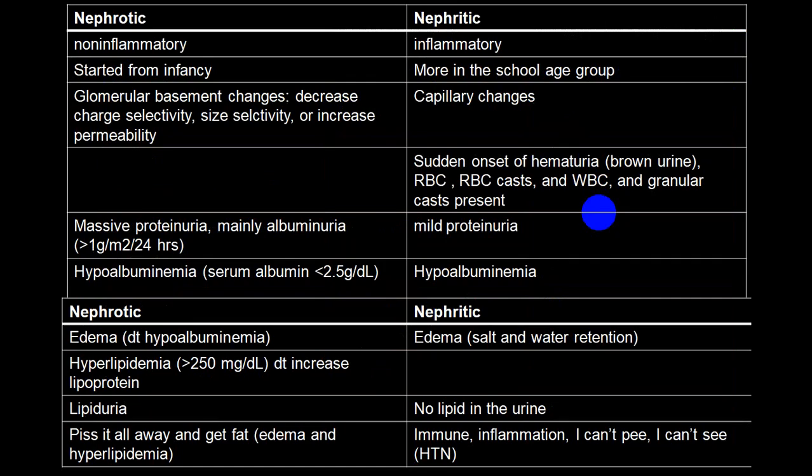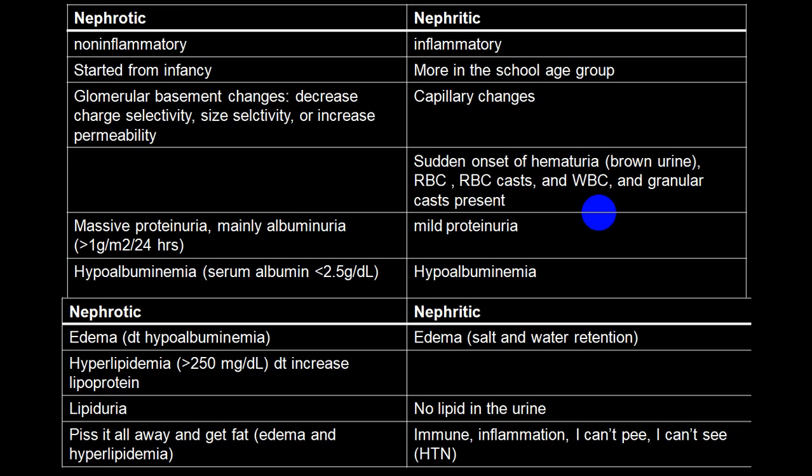This is another way of differentiating the two, almost similar to what we have discussed before. Lipiduria will be present in the nephrotic group while there is no lipiduria in the nephritic variety.